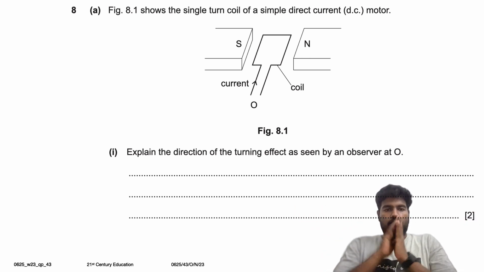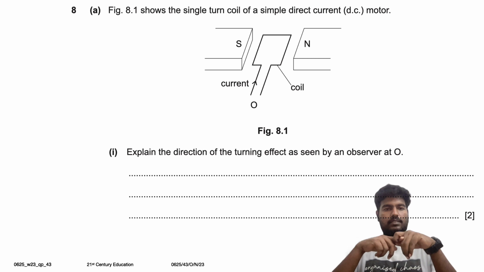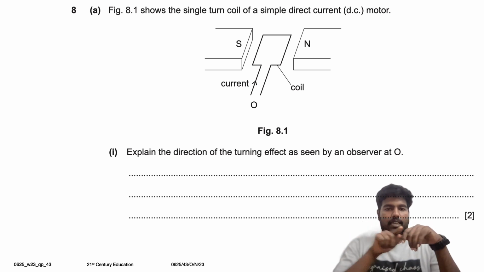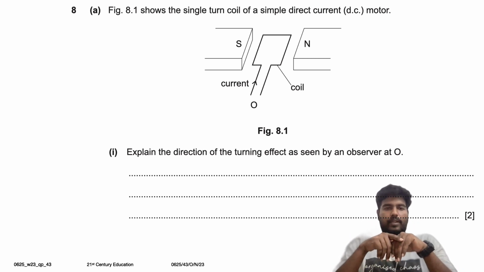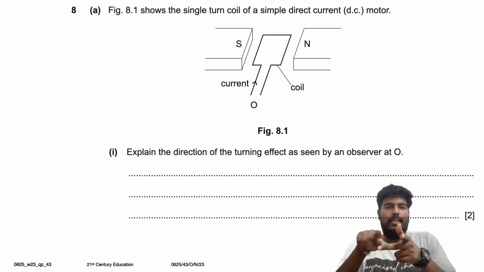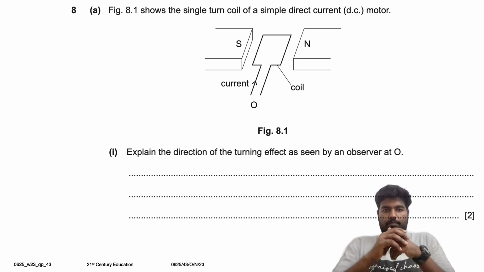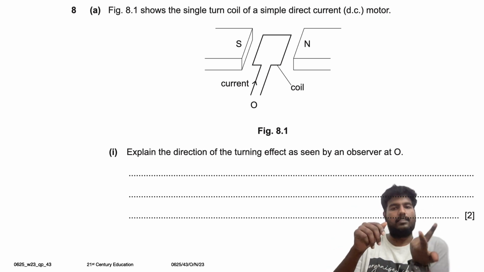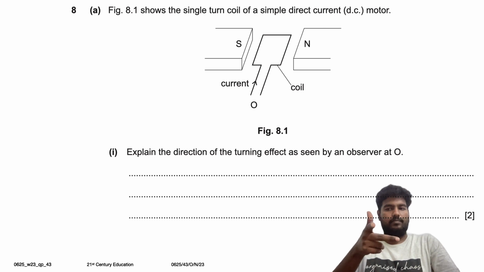What's the direction of turning? Remember that the current is going inside. The magnetic field goes from north to south, so it will go like this.